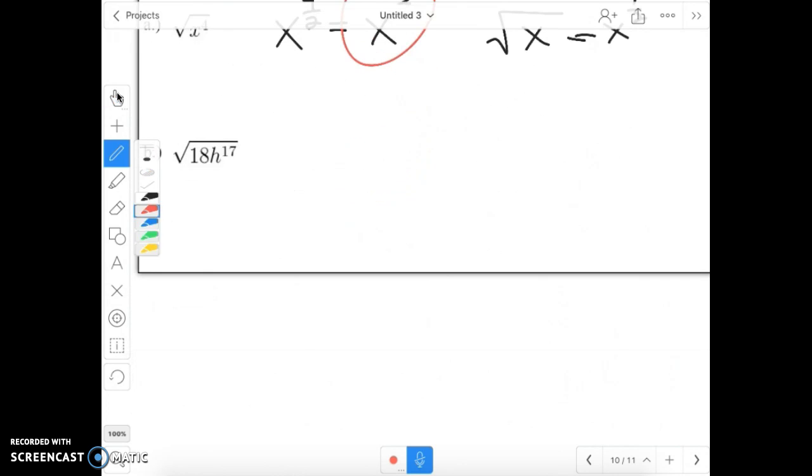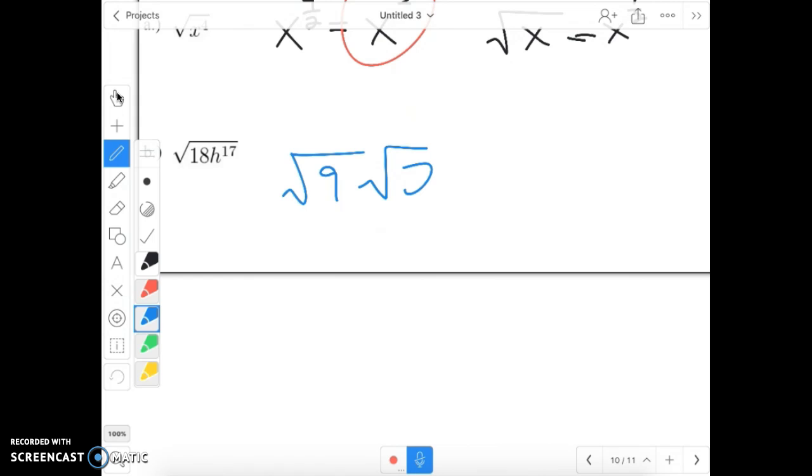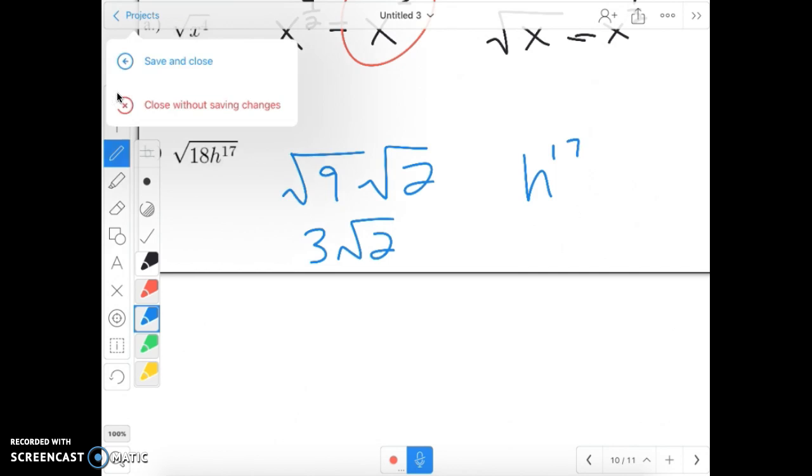Now, as I said, I would explain that odd power from that rule that we had earlier. So first, I'm going to deal with the numbers. That would be square root of 9 and square root of 2. So we have 3 root 2. If I'm dealing with h to the 17th underneath a square root, I can break one of those off.